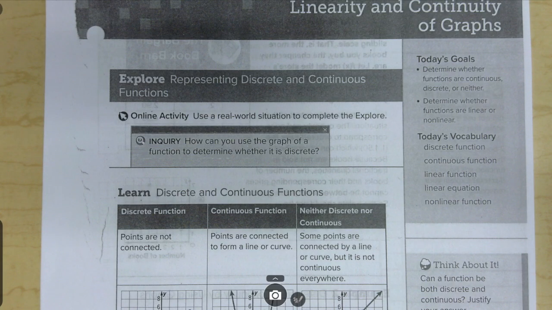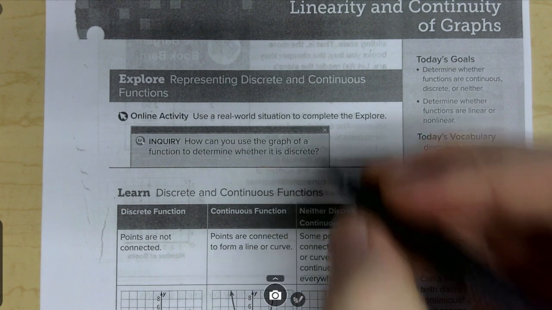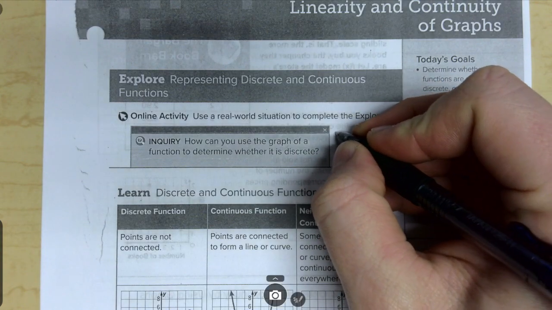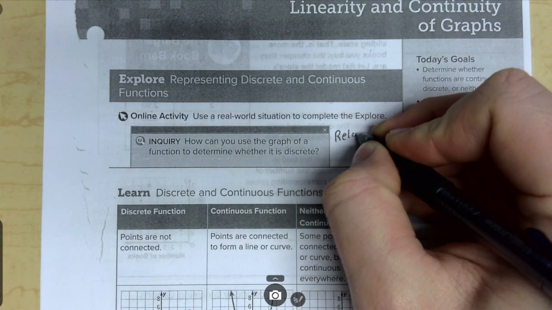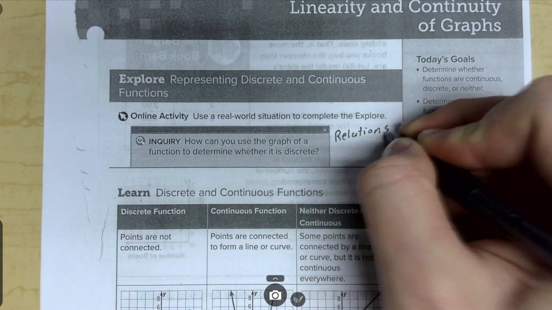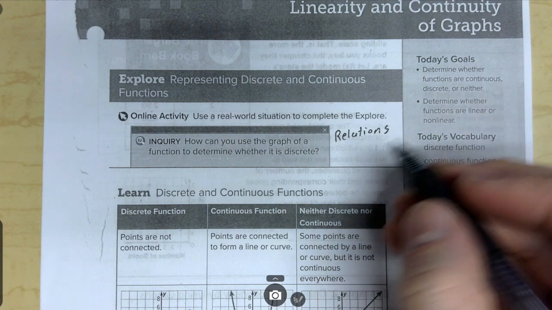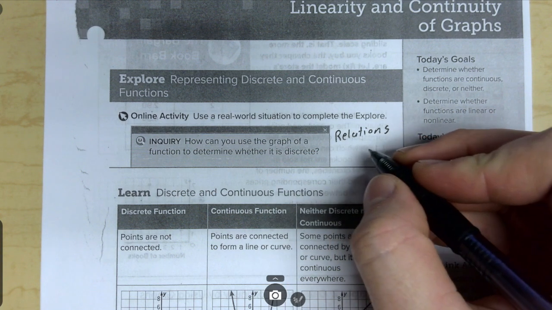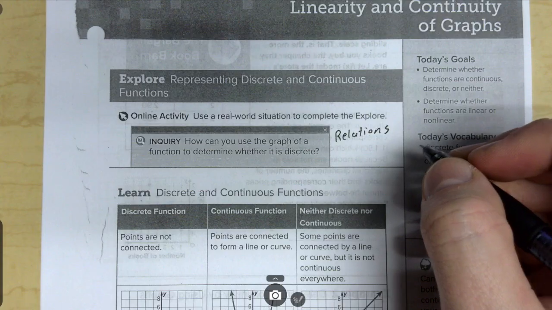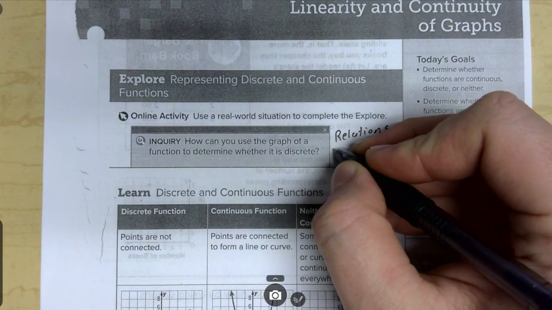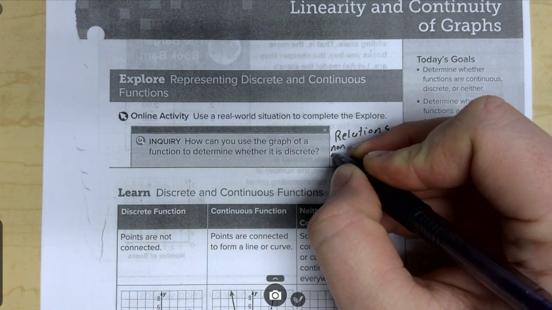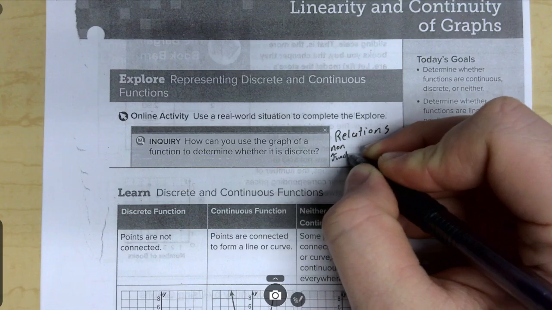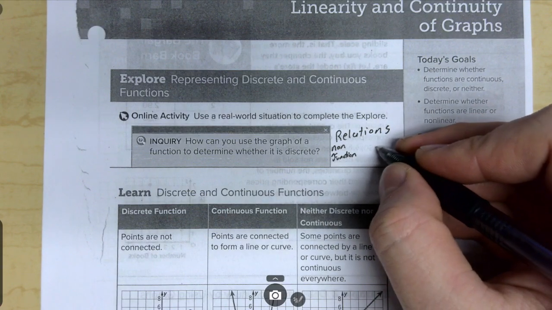Before we get to that, let's remember what we have learned about so far. First, we learned about relations. And from that, we were able to take mathematical relations and categorize them two ways. They are either a non-function or a function.